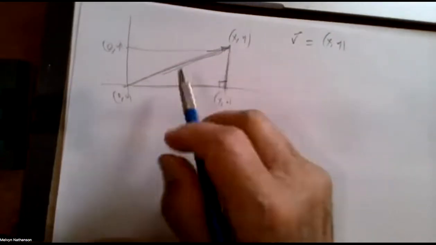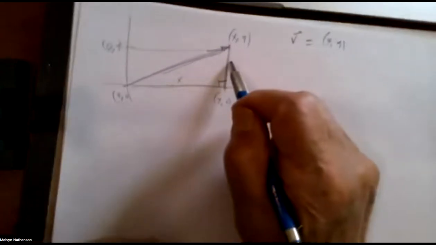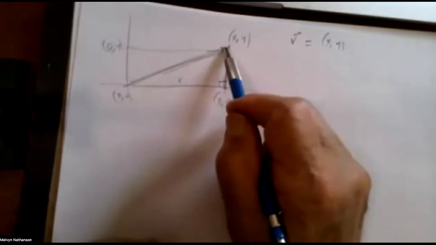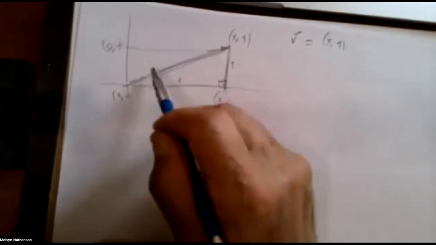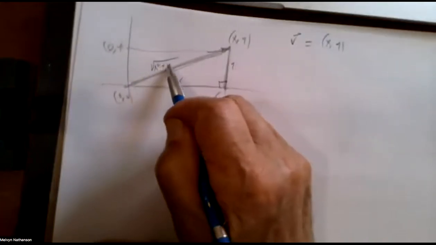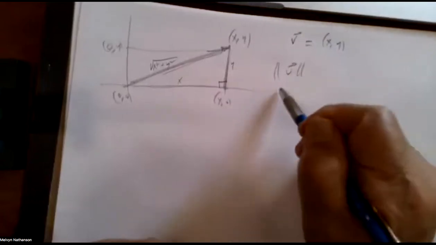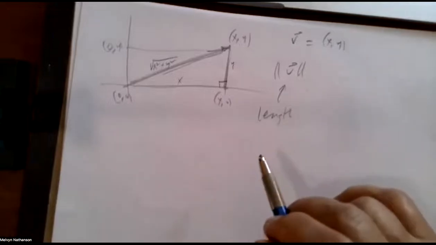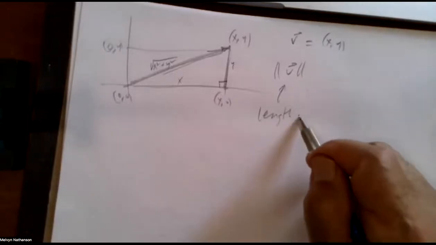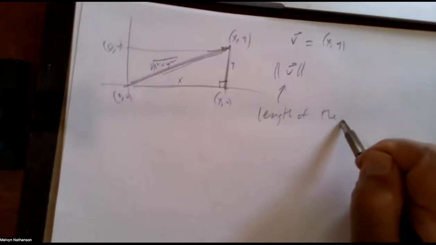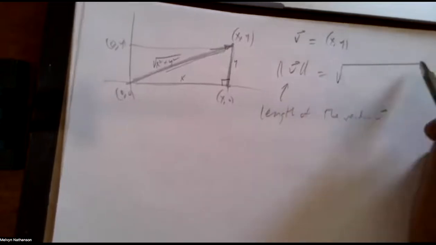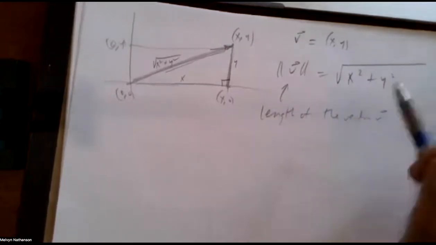In this right triangle, the base is x and the altitude or the height is y. And what does the Pythagorean theorem say? It says the length of the hypotenuse is the square root of the sum of the squares of the legs in a right triangle. So we define the length of v, these double arrows, sometimes you use a single arrow, sometimes a double arrow, this is the length of the vector v is the square root of x squared plus y squared.